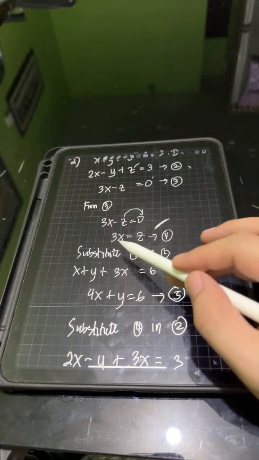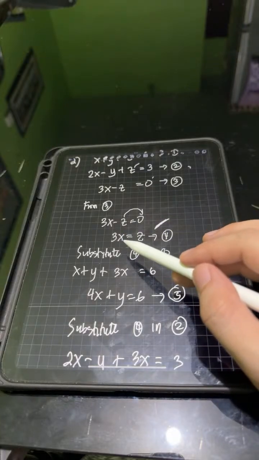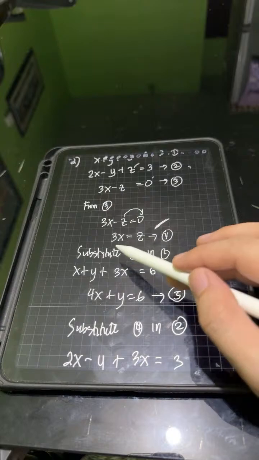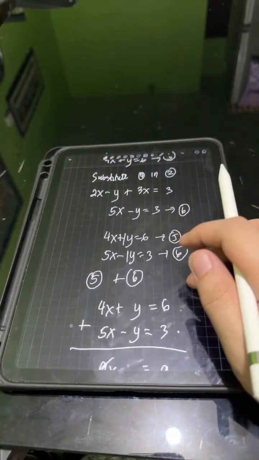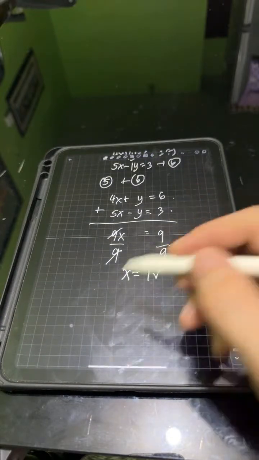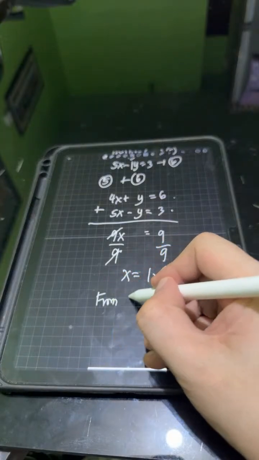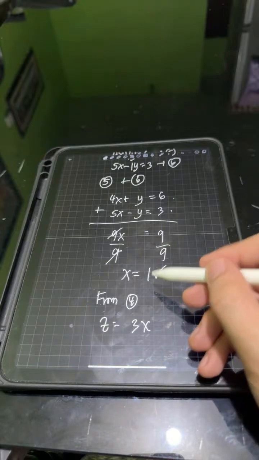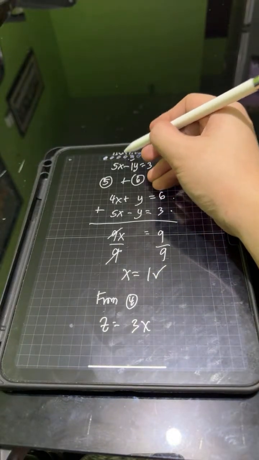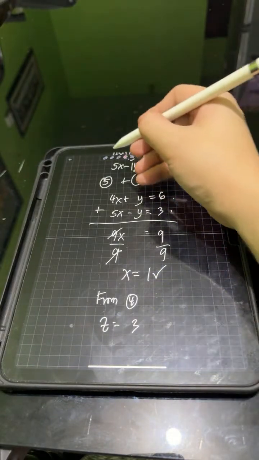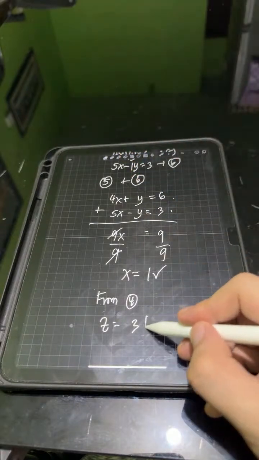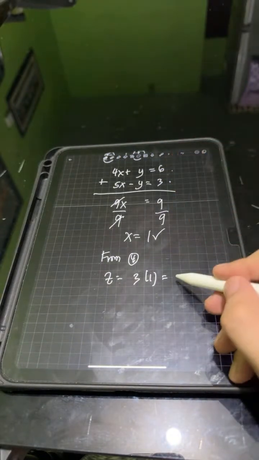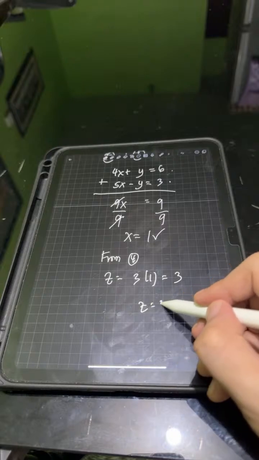It's just in terms of x, because z is equal to 3x, and we already got the value of x, which is 1. So from equation 4, z is equal to 3x. Substitute here: z is equal to 3 times 1, or 3. So z is equal to 3.